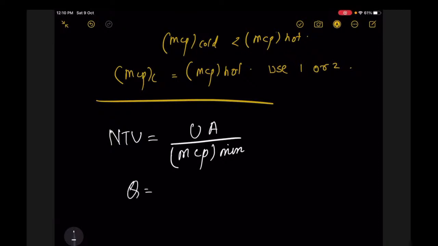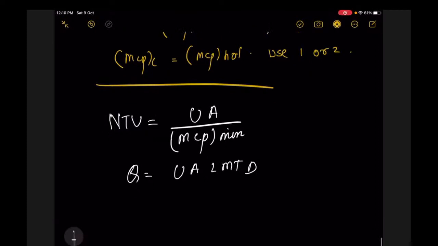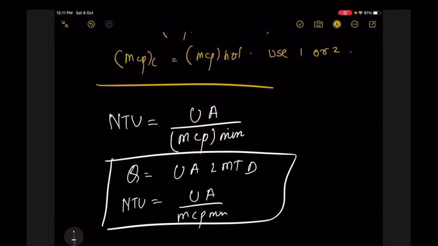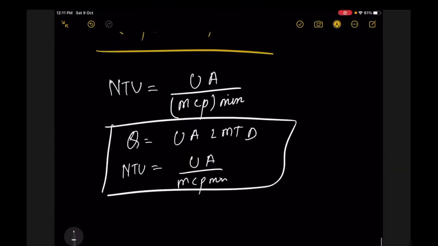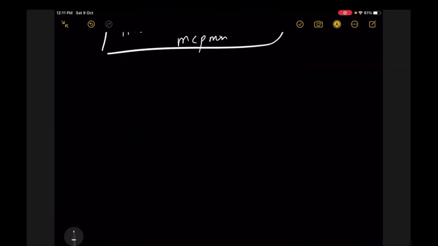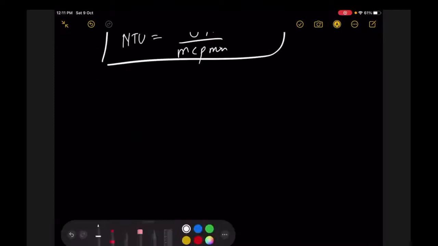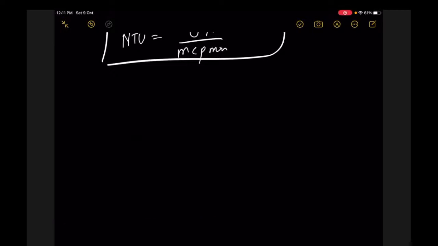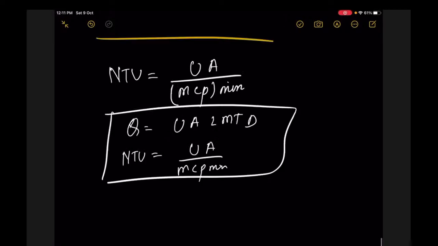So you have two formulas: Q equals UA LMTD, and NTU equals UA upon MCP minimum. Write this.